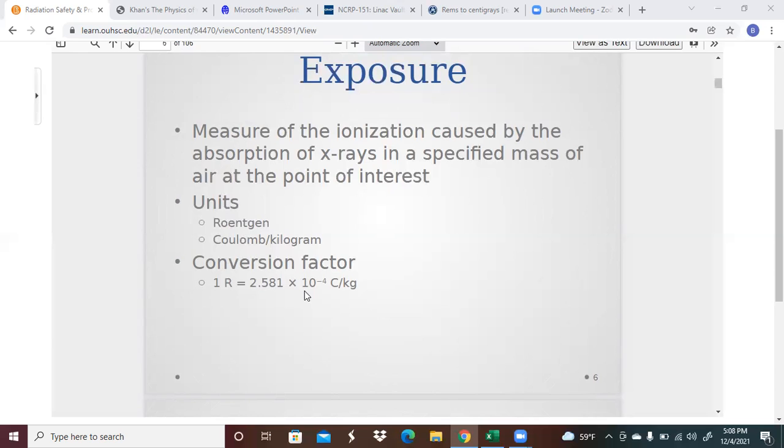Going from ionization to dose has been the step that has been taken in order for us to figure out exactly how to measure the radiation that has been introduced into the body. The conversion factor here is 1 roentgen equal to 2.58 times 10 to the minus 4th coulombs per kilogram. So this is how much charge is produced per kilogram of air.